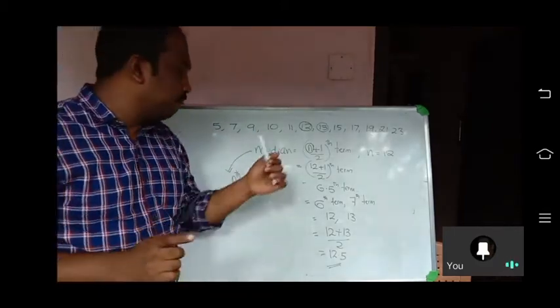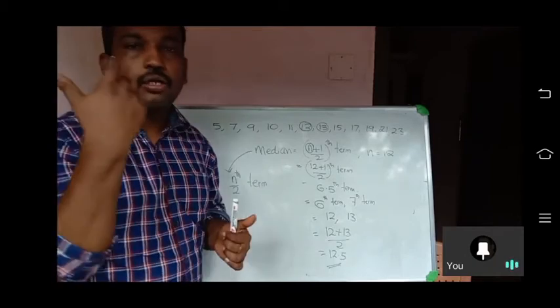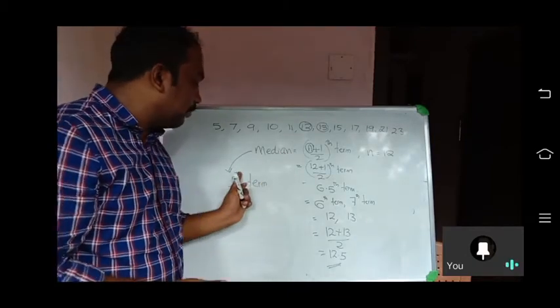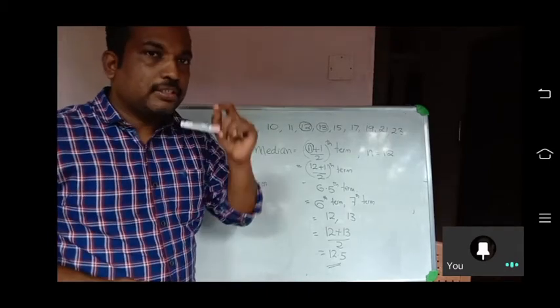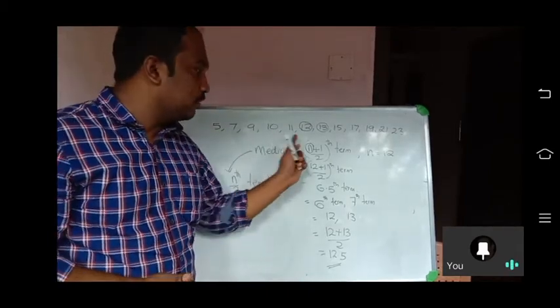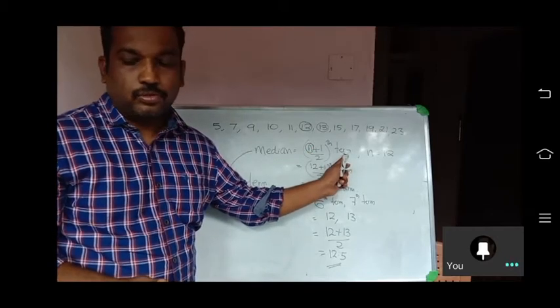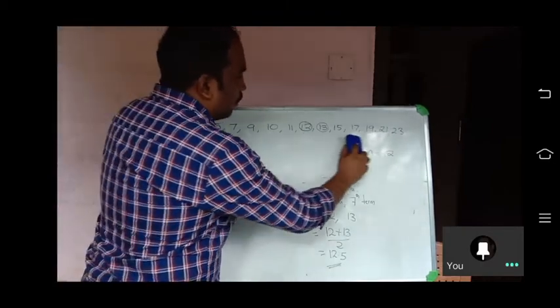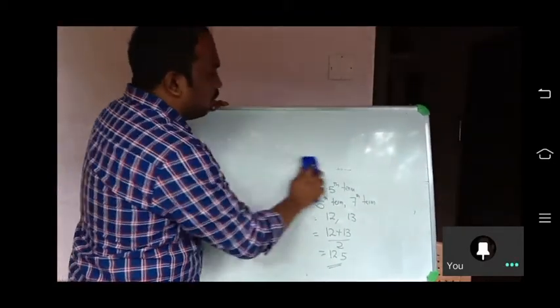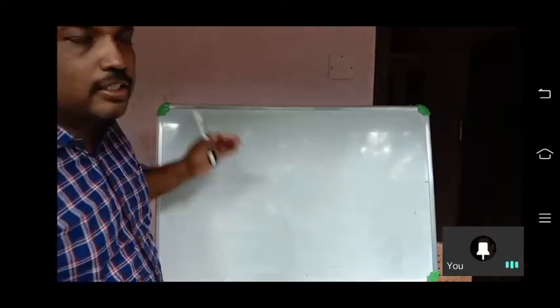Using a graph, median is found using the cumulative frequency curve. That means using your ogive, median is the n by 2 the term. Using numerical calculations, median is the n plus 1 by 2 the term. Okay, this is about ungrouped data.